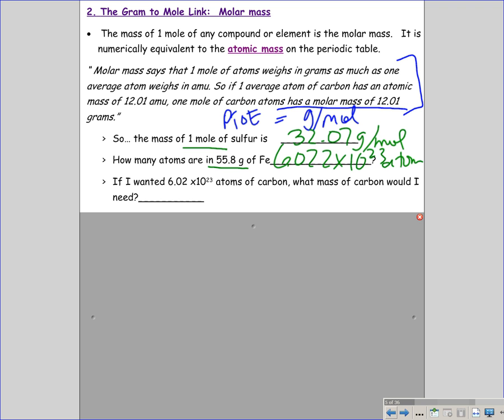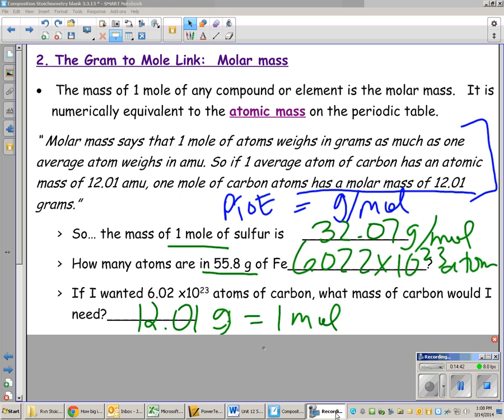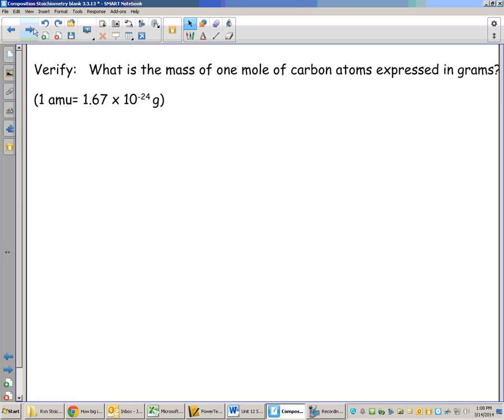All right, how do you know that? That's the mass of carbon. And so that 12.01 grams is equal to 1 mole of carbon. Therefore, that's going to equal Avogadro's number of carbon.